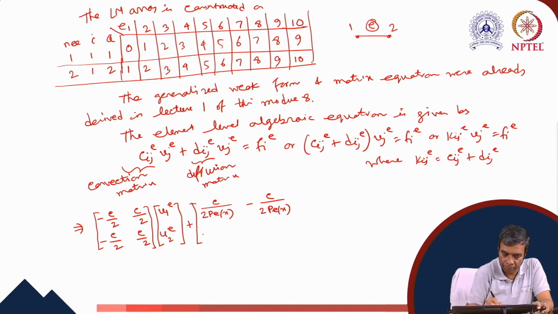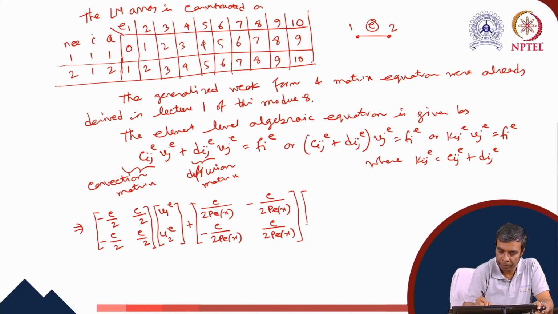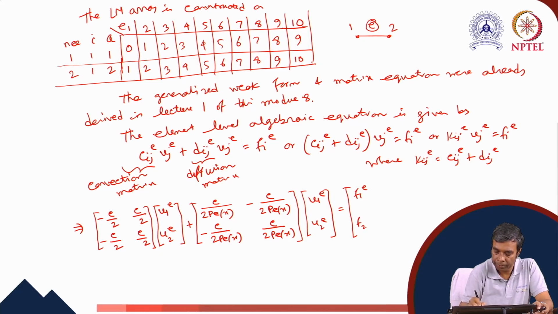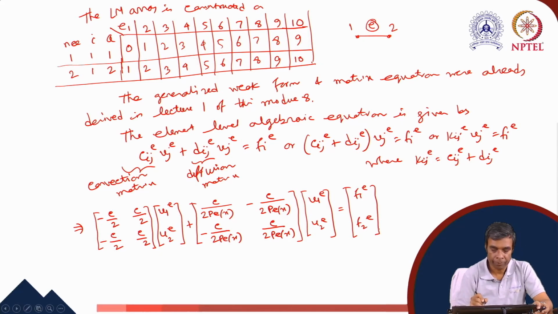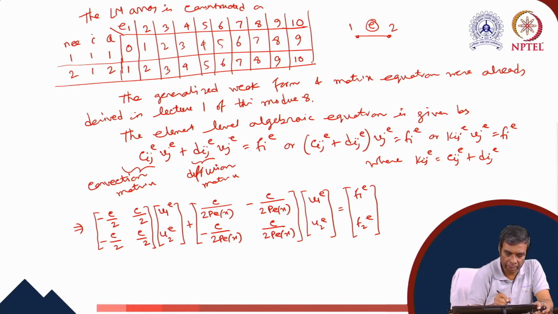In the second row we have minus C by 2Pex, and here we have C by 2Pex. Here we have U1e, U2e. The load vector is F1e, F2e. These derivations are already discussed in lectures 1 and 2 of this module, so we are straight away using the final expressions.